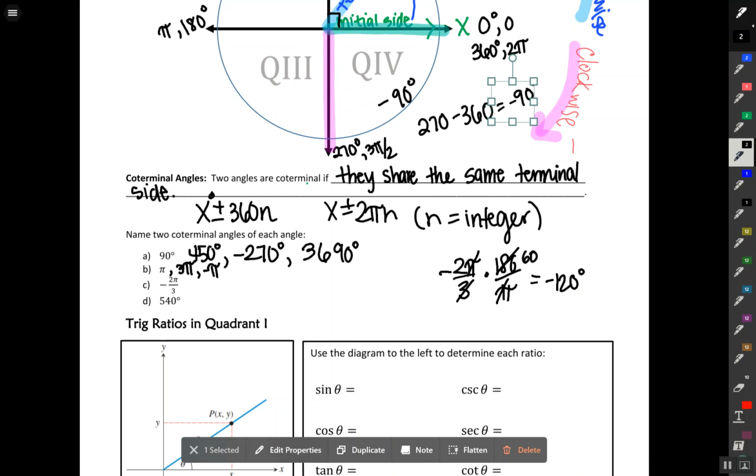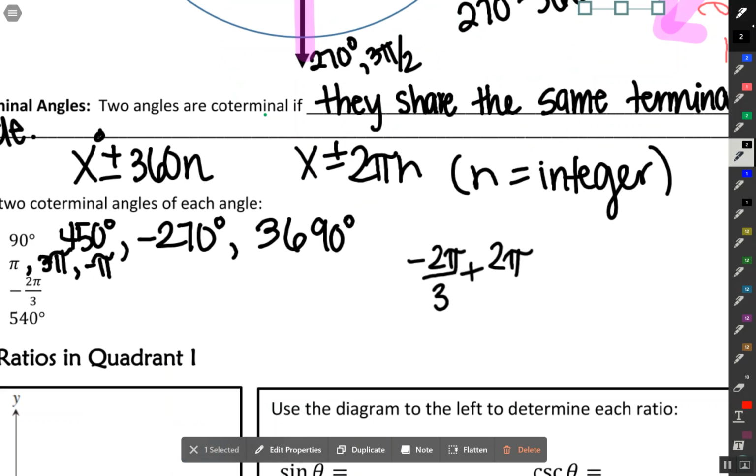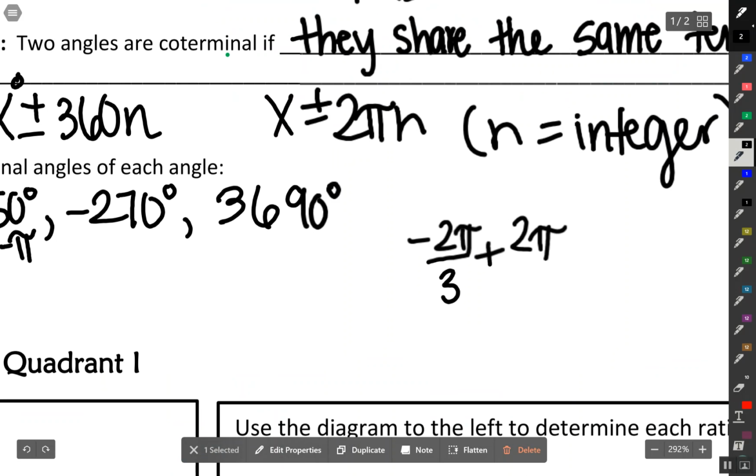Okay, so let's add and subtract 2 pi. So let's say I have negative 2 pi over 3. I'm going to add 2 pi. You're going to want a common denominator, so I'm going to multiply by 3 over 3. And so that gives me 6 pi over 3.